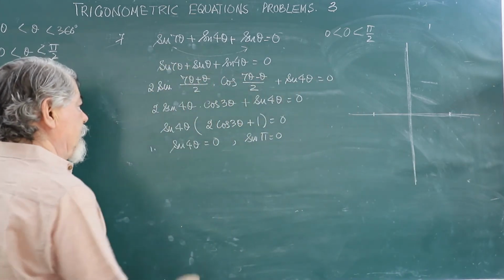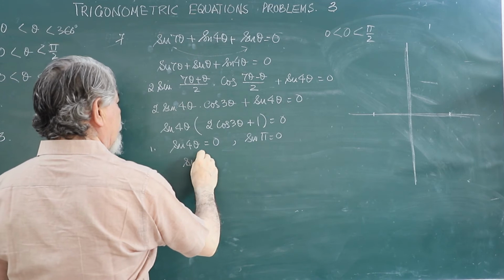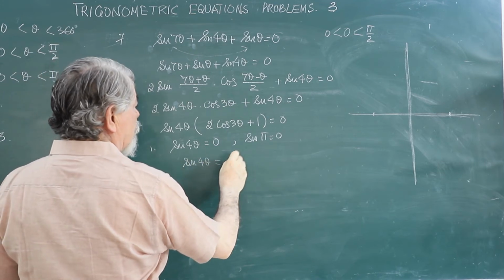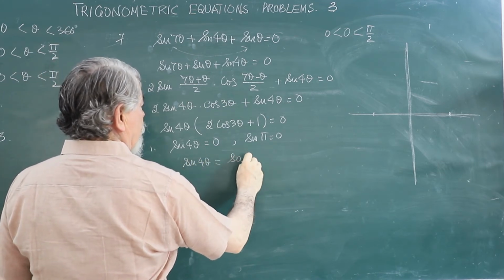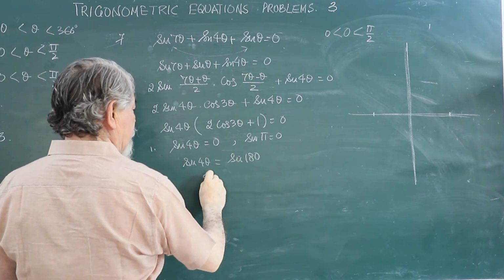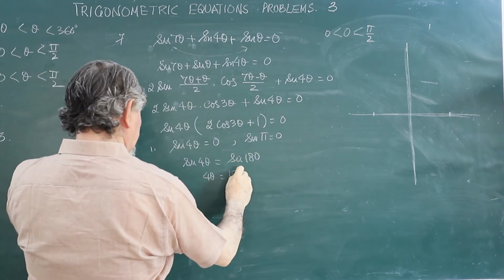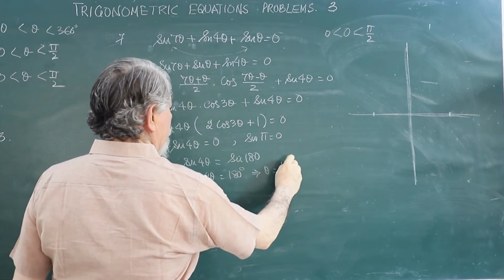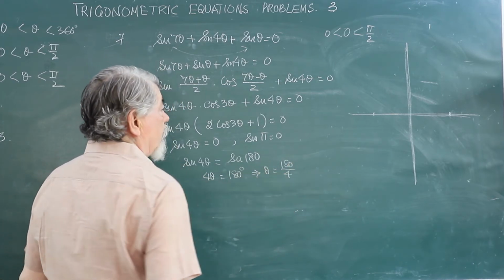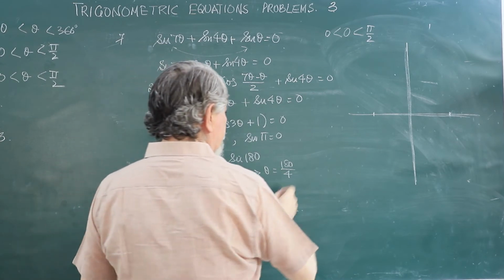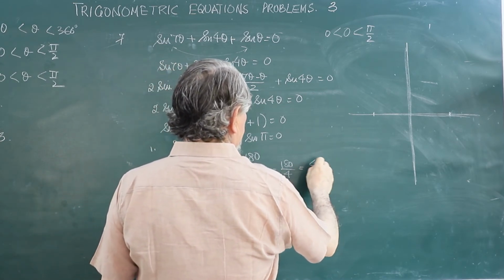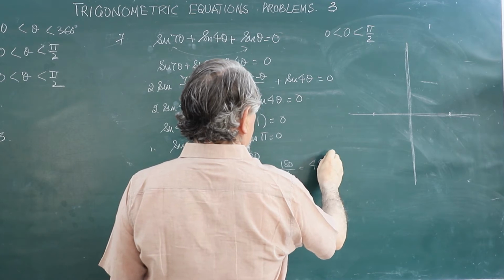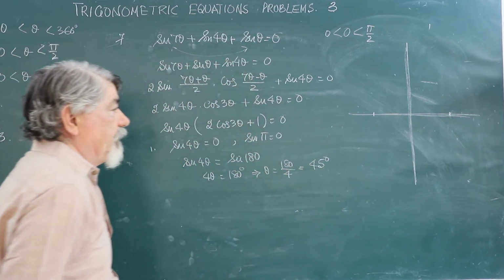So sine 4 theta will be equal to sine 180, or 4 theta is equal to 180, or theta will be 180 upon 4. 180 upon 4 will be how much? 4 4s are 16, 4 5s are 20, 45 degrees.